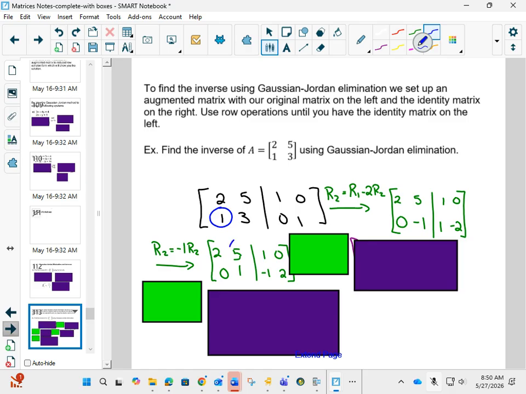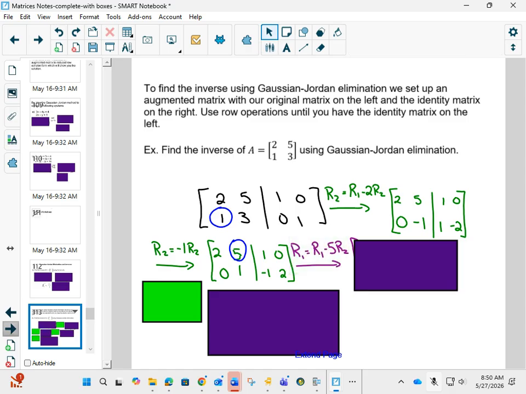Next, we want to get this to be a 0. So we'll change row 1 to row 1 minus 5 row 2's.